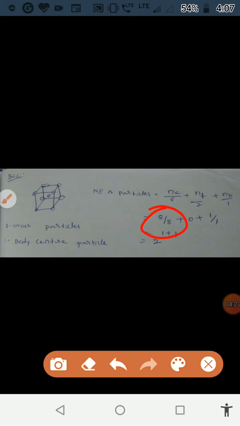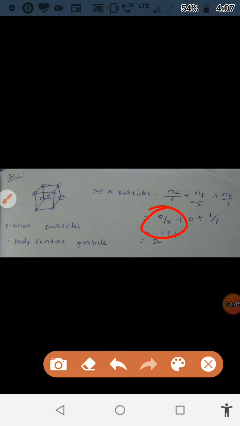There is only one particle present at the center of the body, therefore it is 1. Therefore 8 divided by 8 plus 0 plus 1 gives 2. The total number of particles present in BCC is equal to 2.